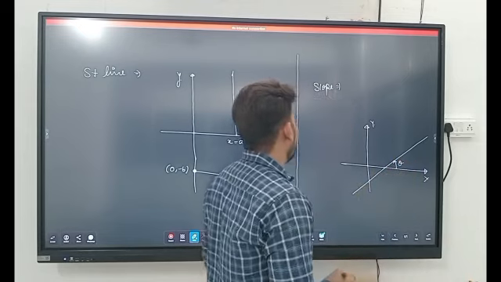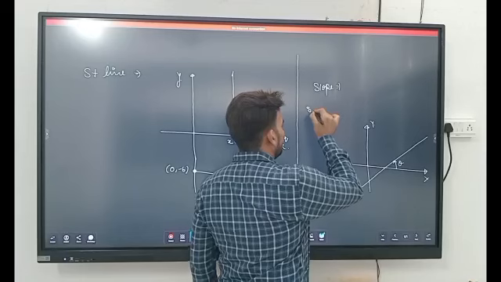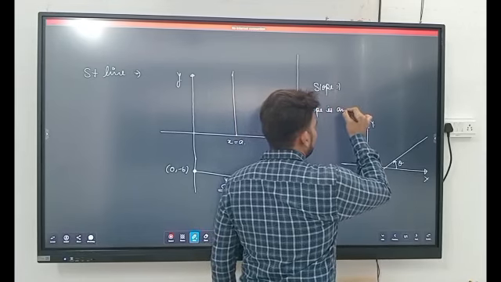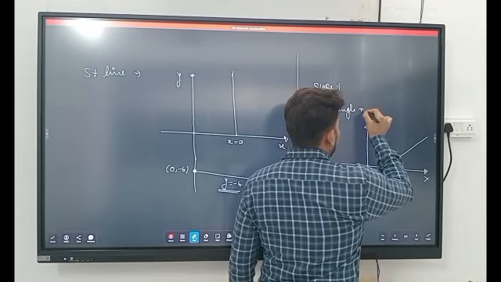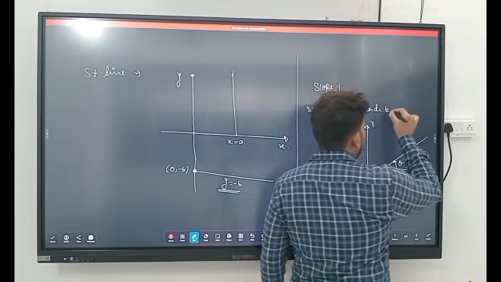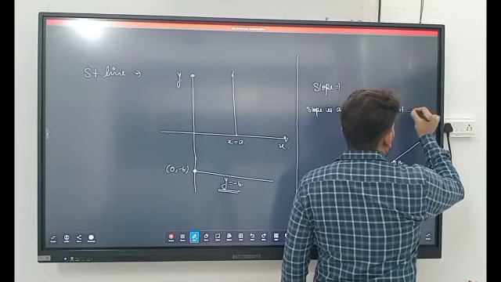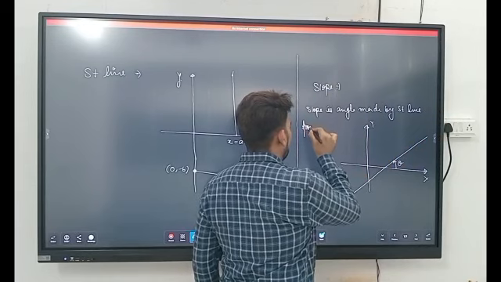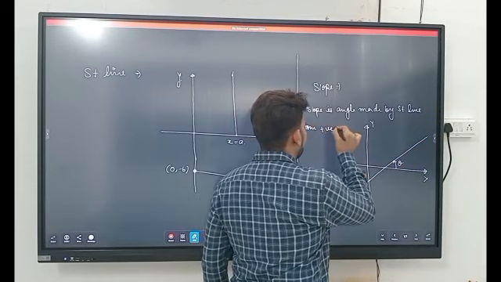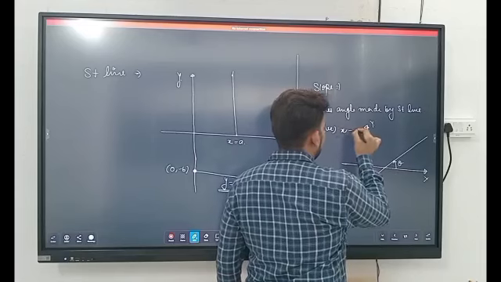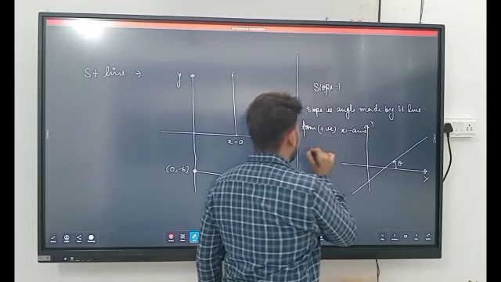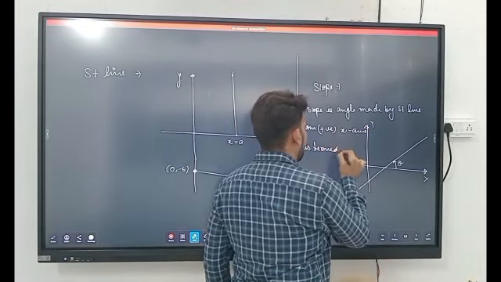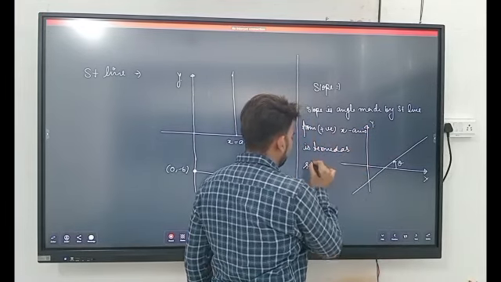Always remember that slope is the angle made by a straight line from the positive x-axis. It is termed as slope.